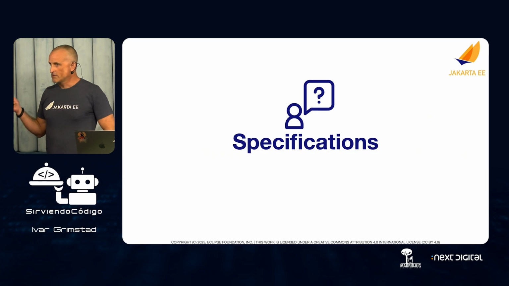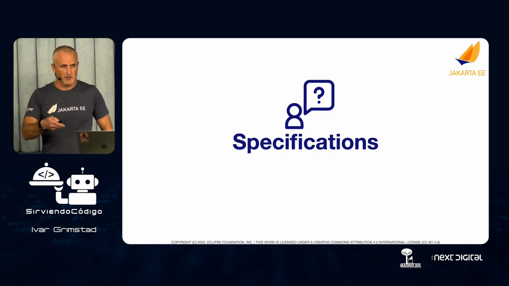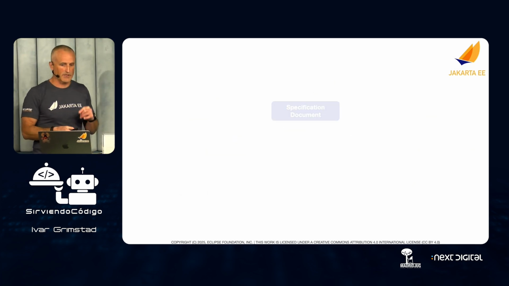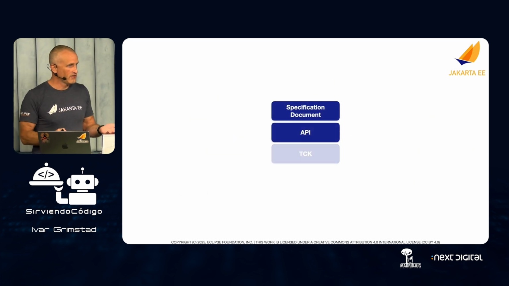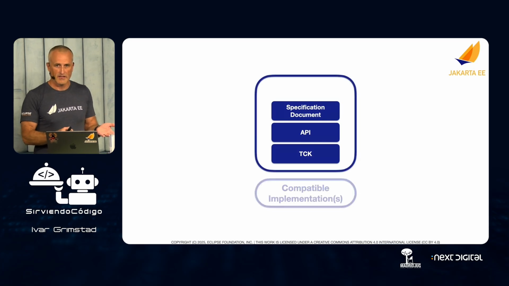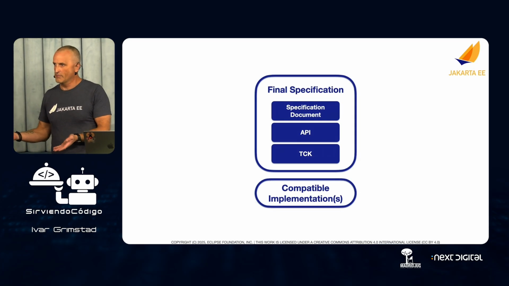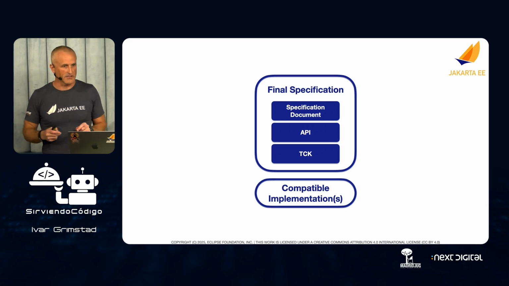To do that, I just want to set the stage that when we talk about Jakarta EE, we talk about specifications. A specification is a textual, human-readable document that describes the technology. It's an API artifact that you can find on Maven Central that we as developers are using.